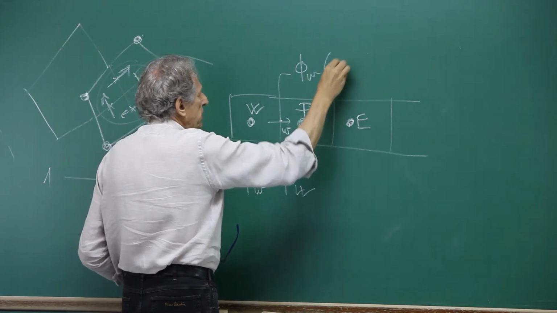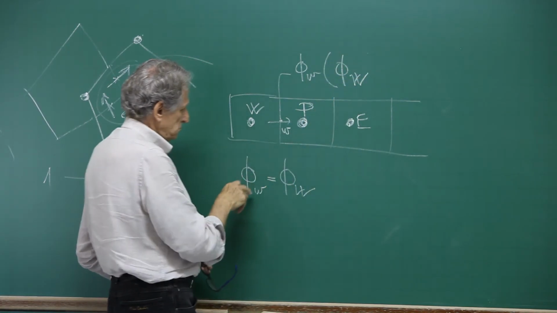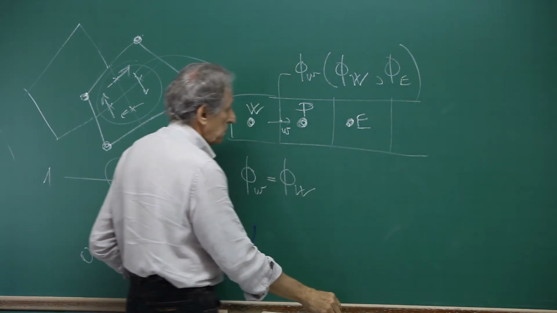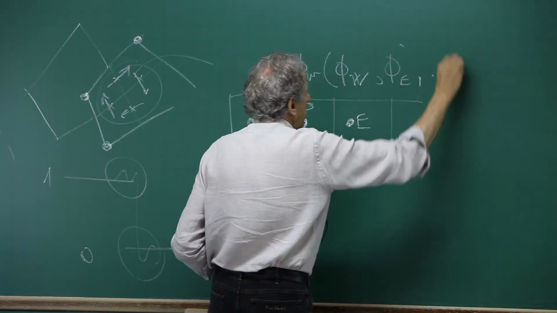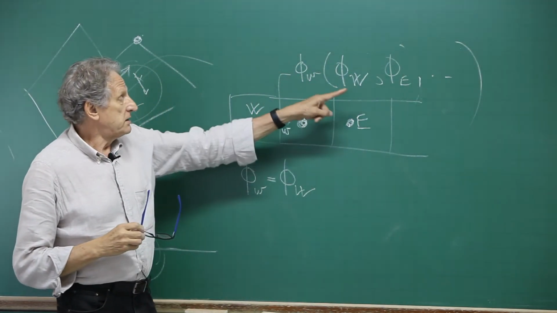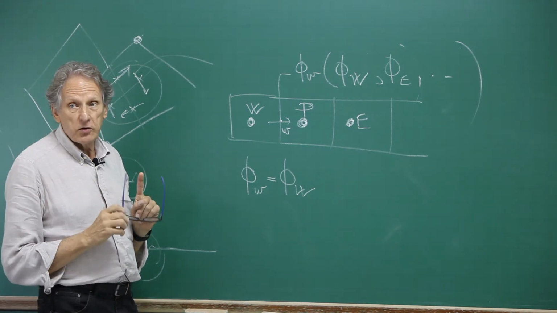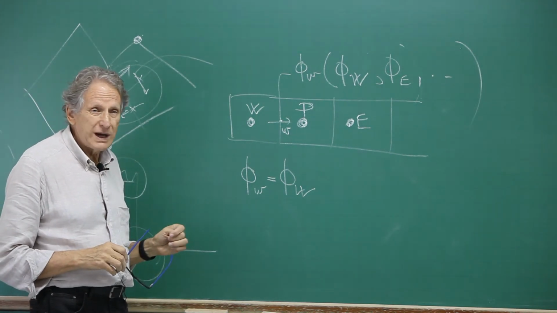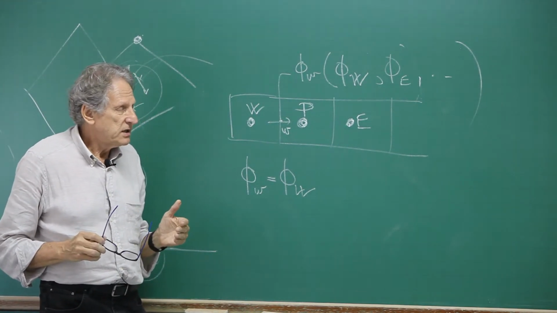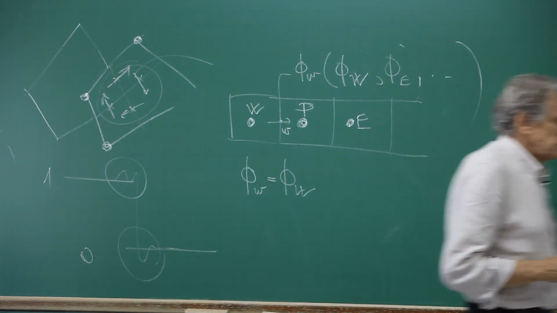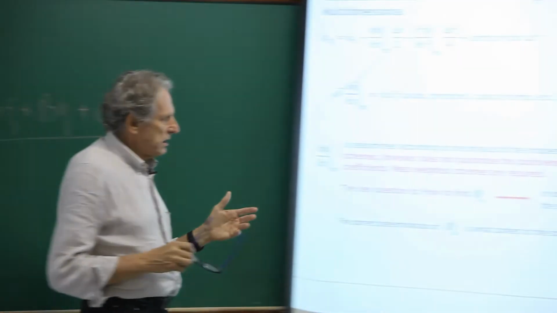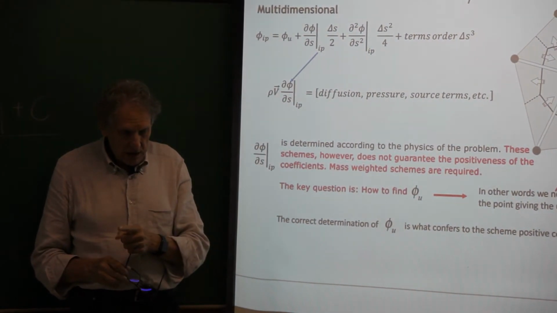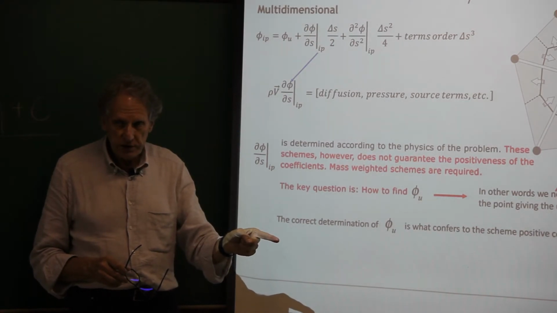If this is only a function of that, but if it's a function of that too, or other, if I do that, I may introduce negative coefficients. This is the concept which I already explained in Computational 1, the concept of donor cell. It is the concept of thinking who is influencing my downstream point.